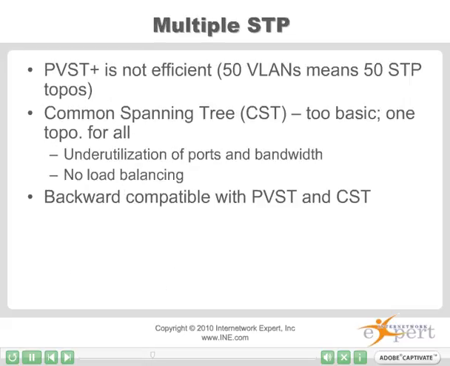One of the things I think students struggle with a bit when it comes to multiple spanning tree protocol is what's wrong with per VLAN spanning tree plus? After all, that's a really fancy name, and Cisco invented it. What's the issue with it? Well, I think the issue is you're forced into a different topology for each and every one of your VLANs. Now, we know by default the topology is the same for each of the VLANs, but notice it is a unique instance of spanning tree protocol.